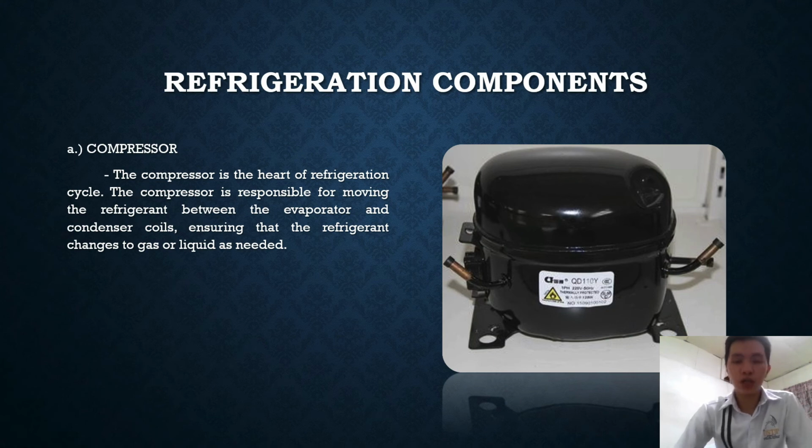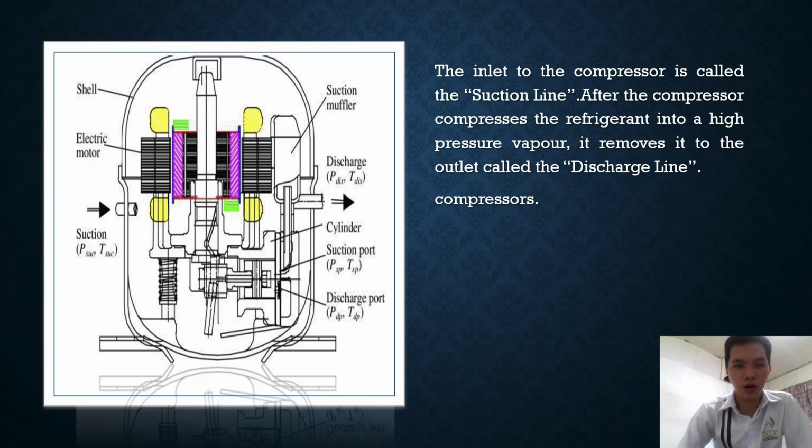So compression of refrigerant to the suitable pressure ensures its proper condensation and circulation, and the conditioning depends entirely on the capacity of the compressor. So here is a sample that shows the parts of a compressor.